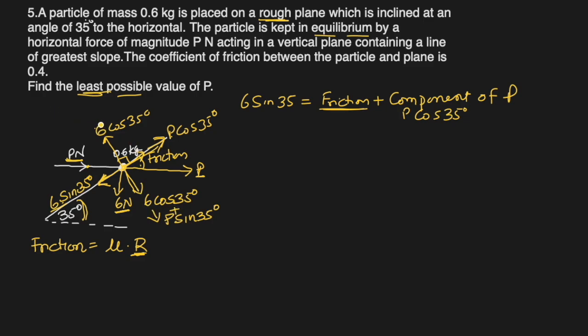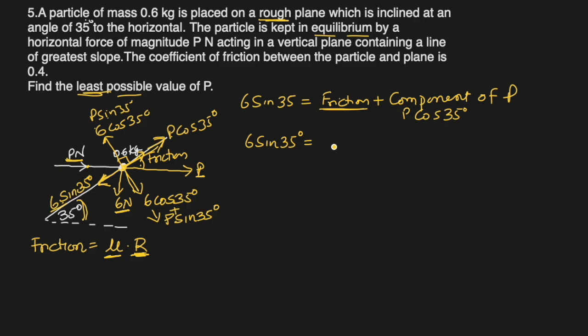So I will have to add P sine 35 here also, because this particle is in equilibrium. It is not flying off the surface or sinking inside. That means these two forces are equal to the normal contact force, and that's what I will use here. So let me write 6 sine 35 equal to the friction force.